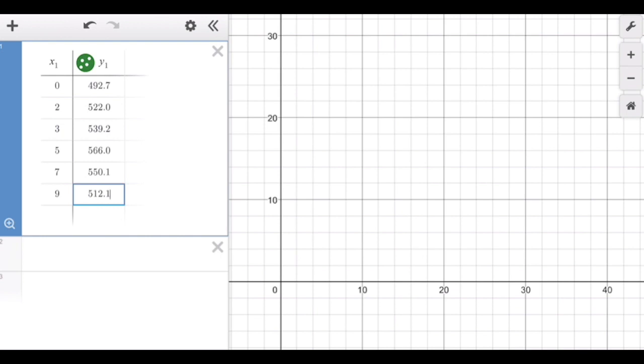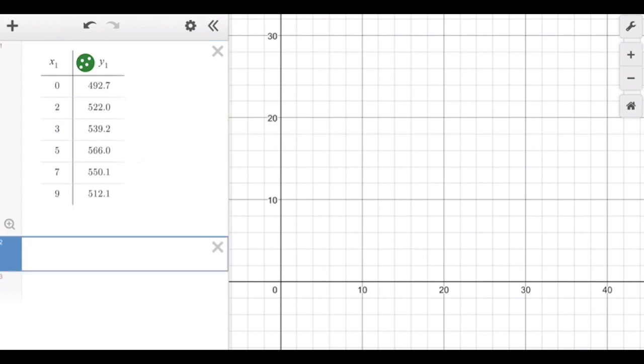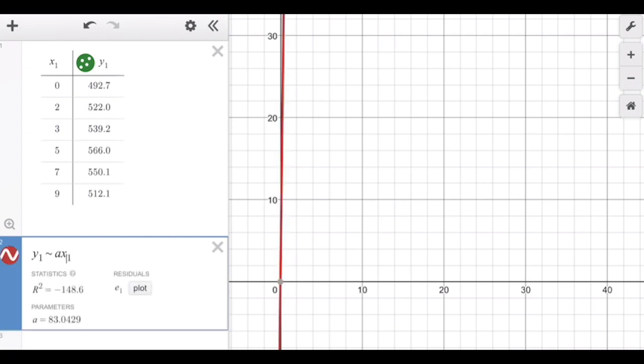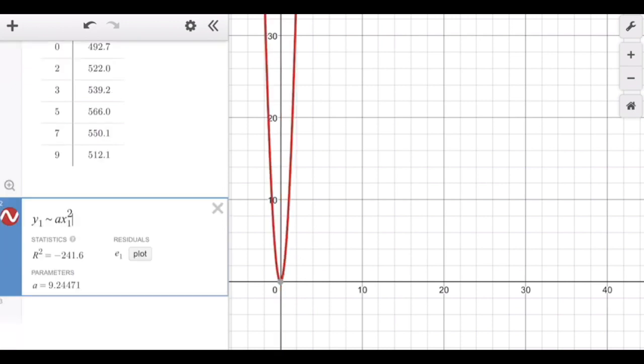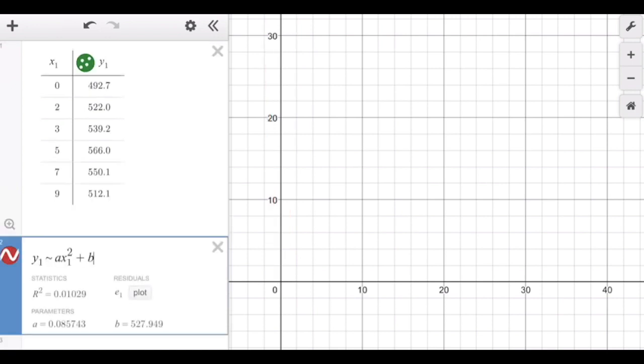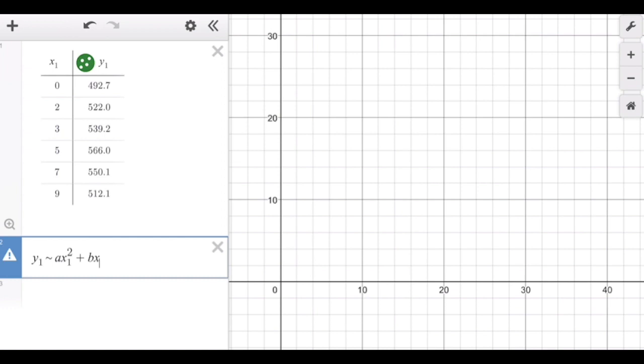Using the formulas that were given in your notes, just like we did when we were finding the line of best fit with linear functions, I'm going to use y sub 1, and I'm going to say that that's approximately equal to a x sub 1 squared plus b x sub 1 plus c.